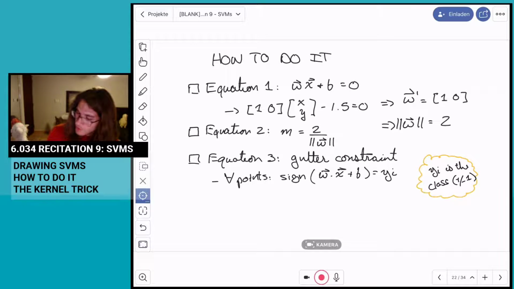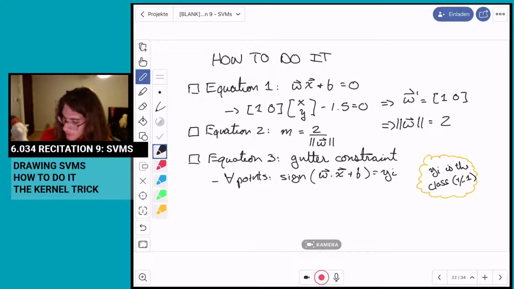But there's another equation, and this is the general support vector machine equation, but we can make it even more specific for gutter points. And gutter points are not necessarily support vectors, although support vectors are gutter points. Not all gutter points are support vectors. In the case where we have a max of 3 support vectors here in 603 for that assumption.